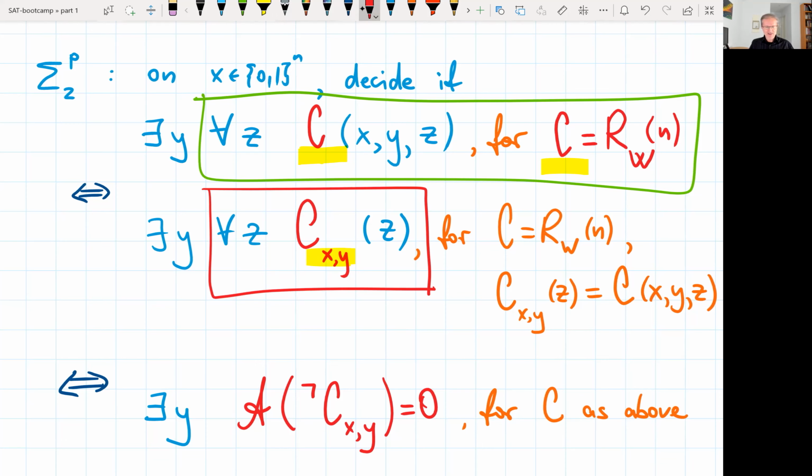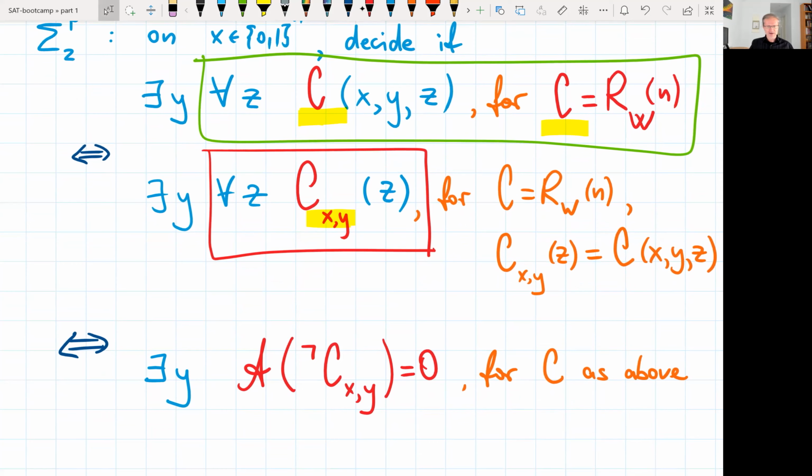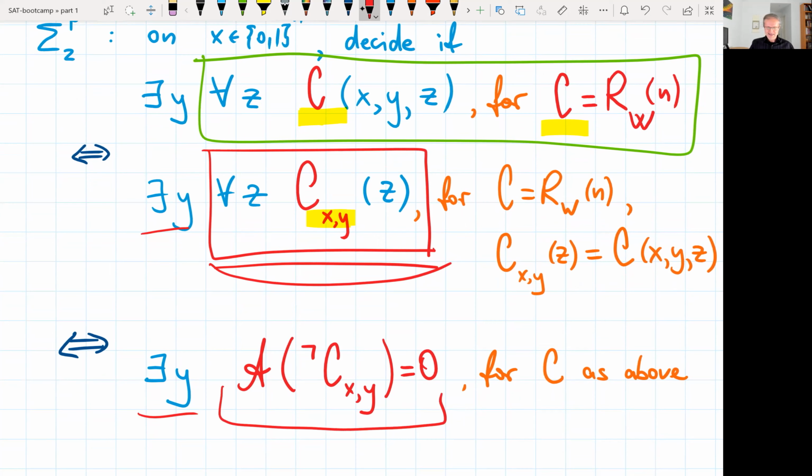I can answer SAT, so I can also answer tautology questions, as noted before. And I have the algorithm script A for answering SAT questions, so I can just plug in this algorithm to answer the tautology question for circuit C sub xy. And so the existence of y such that this tautology is true is equivalent to the existence of y such that my SAT algorithm says that the negation of circuit C sub xy is not satisfiable.